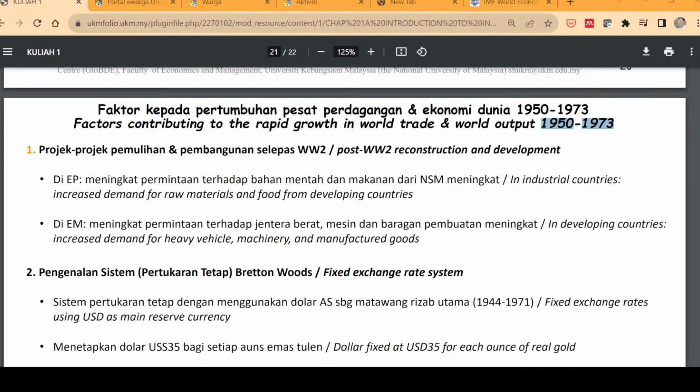So from 1950 to 73, it was the golden years of world economy, and also together with it the golden years of international trade.